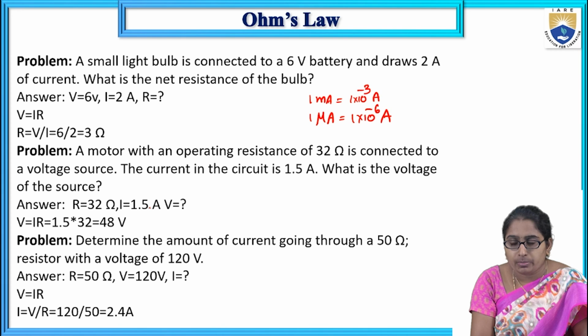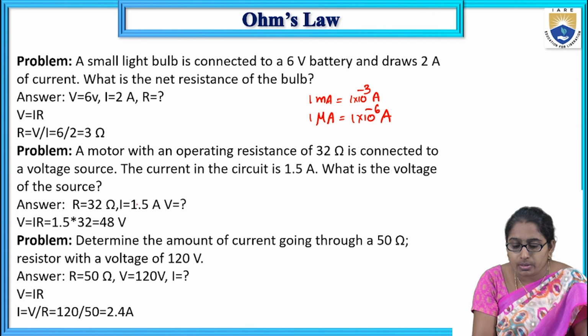From Ohm's law, given data: R equal to 32 ohm, I equal to 1.5 amp, and V equal to how much?